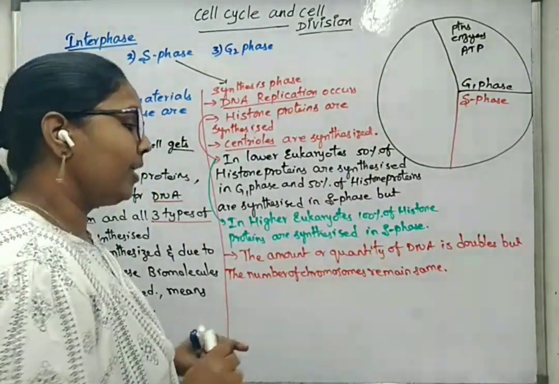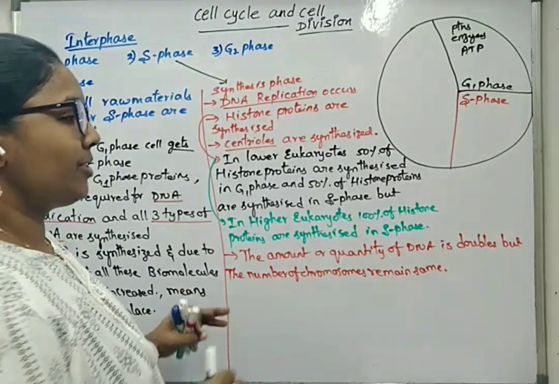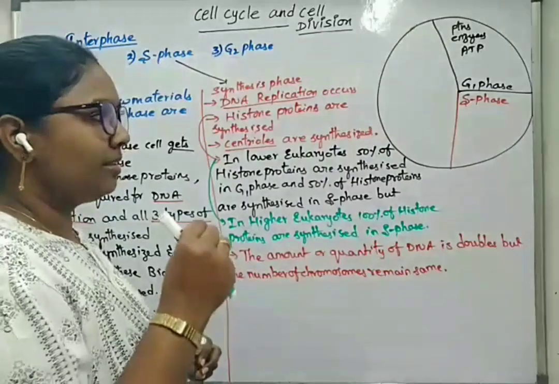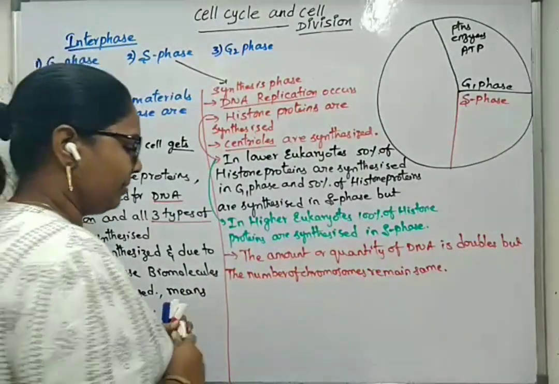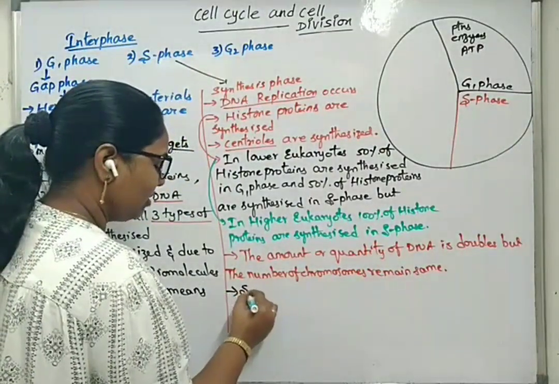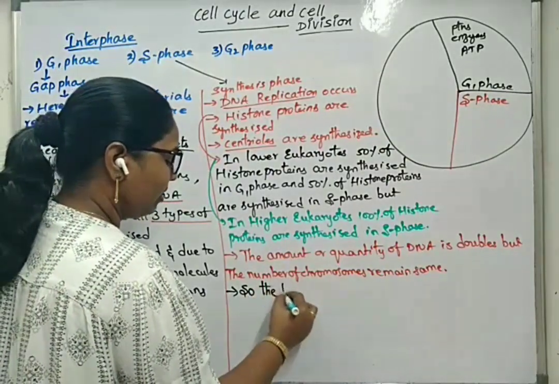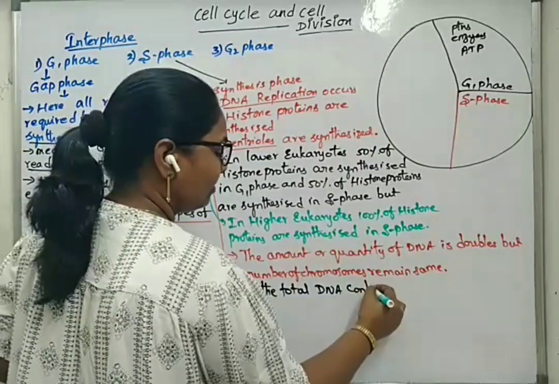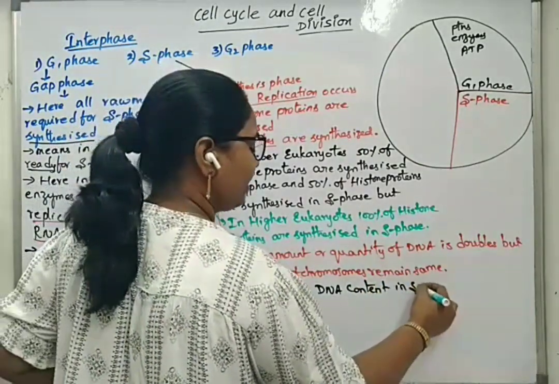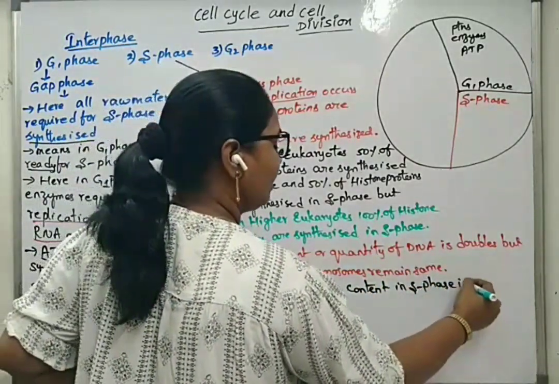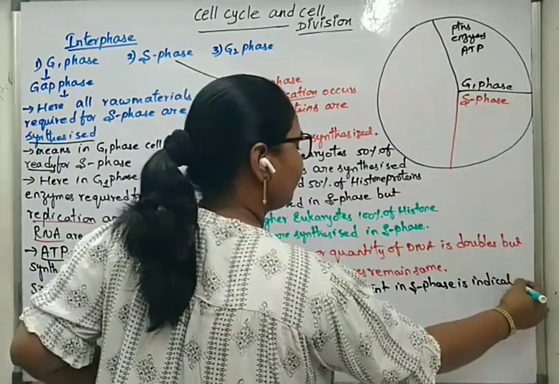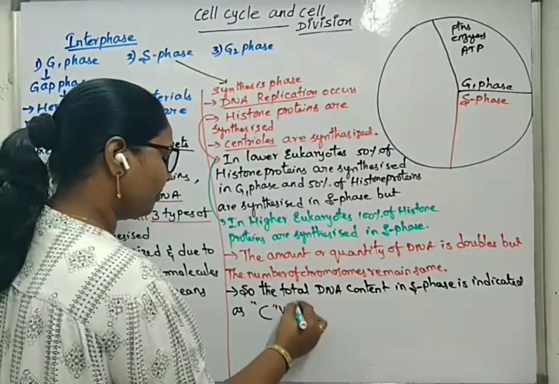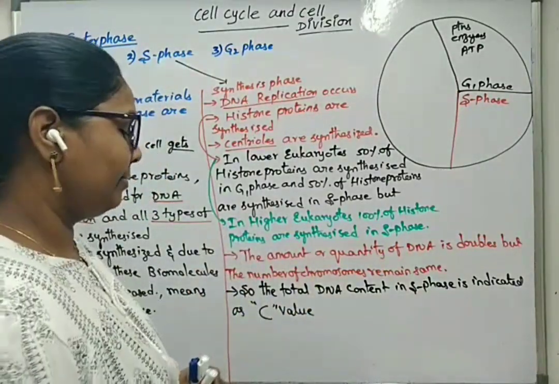Whatever the total DNA content synthesized by the time of S phase is given a symbol, capital C. So, the total DNA content in S phase is indicated as C value. What does it mean?